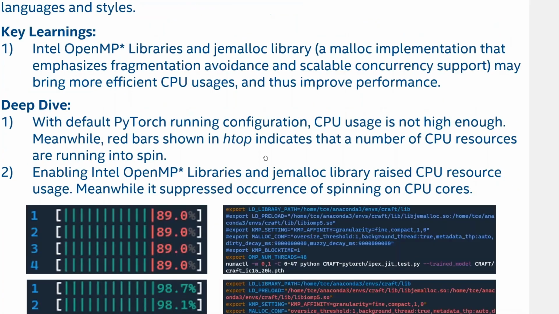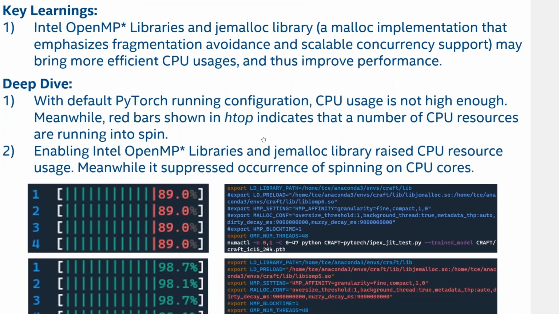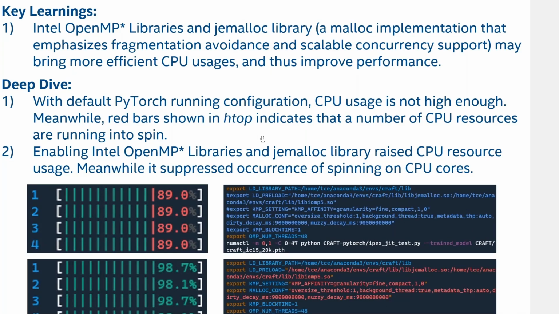By default PyTorch uses GNU OpenMP as its OpenMP backend, but Intel also has the Intel OpenMP library, which can sometimes achieve a performance boost. There are also third-party malloc libraries like jemalloc or TCMalloc, which are optimized for memory cache usage.